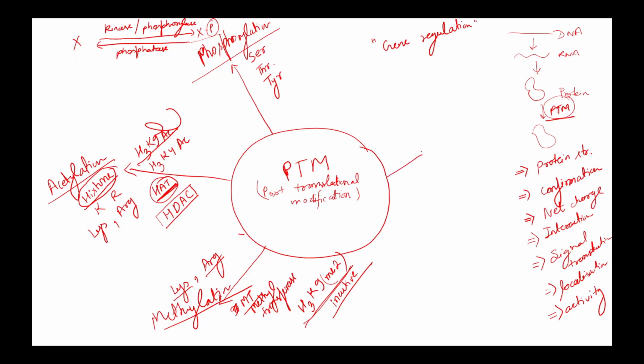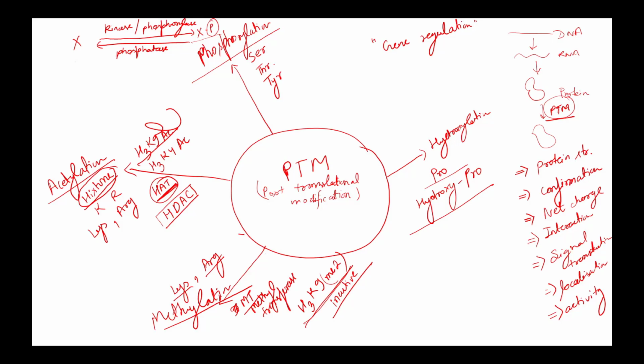Another very common one is hydroxylation. For example, proline, so we have hydroxyproline. All these are different kinds of post-translational modification.